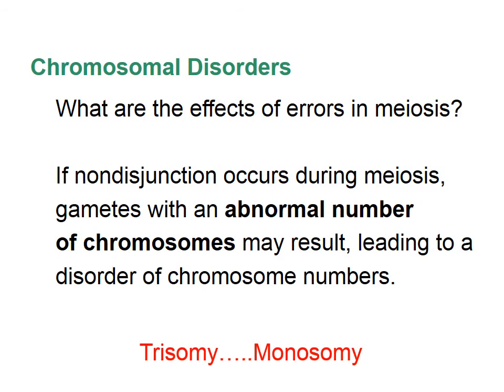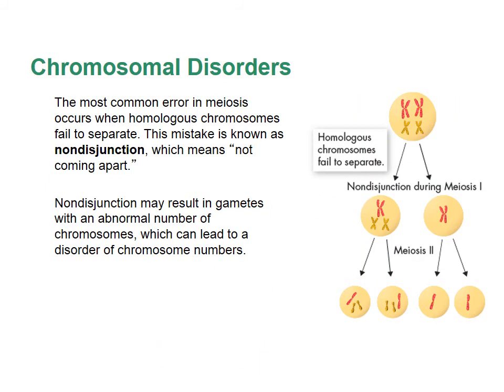Trisomy or monosomy. Trisomy when there's an extra one, so the individual would have 47 chromosomes, or monosomy where the individual has 45 chromosomes. Now understand, it's an abnormal number of chromosomes in the gametes. And when that particular sperm or that particular egg is fertilized, it turns into a zygote, that's when it causes problems.